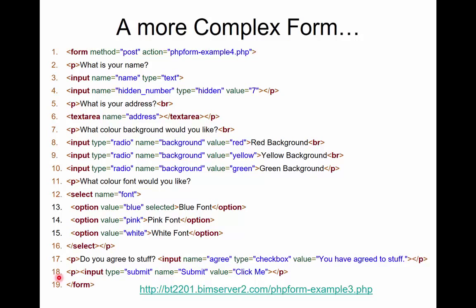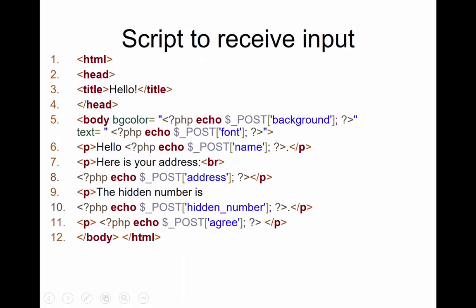Yeah, you have agreed to stuff. And if we don't tick the box, this variable will be empty. And then we've got a submit button, and that's it. So let's have a look before we finish for today, and then I'll finish these slides off next time.